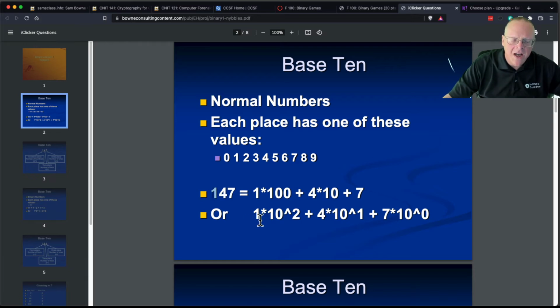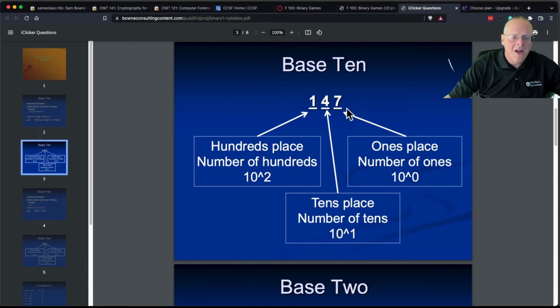You could write that as 1 times 10 squared, plus 4 times 10 to the 1, plus 7 times 10 to the 0, and that's the mathematical expression of what these places mean. This is the 10 to the 0 place, this is the 10 to the 1 place, the 10 to the 2 place, and so on. Now in base 10, you have ones, then tens, then hundreds, and there would be thousands and 10,000s if you had more digits.